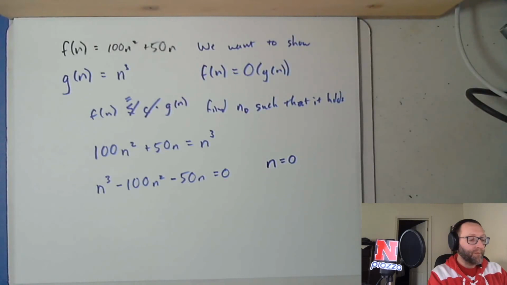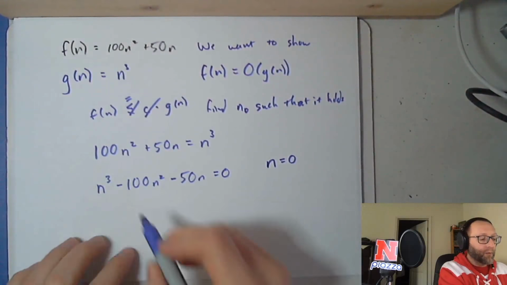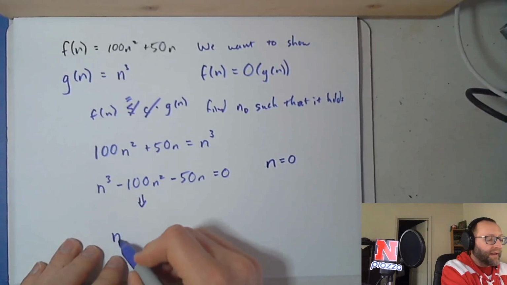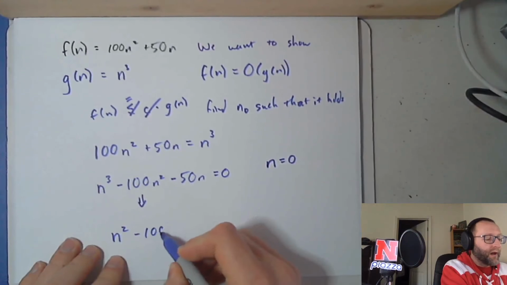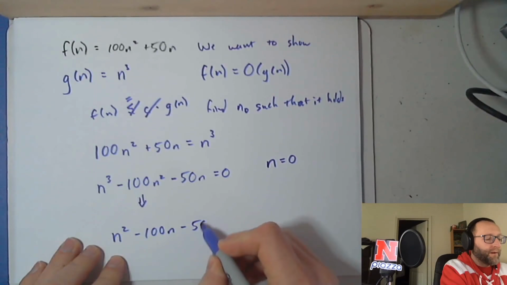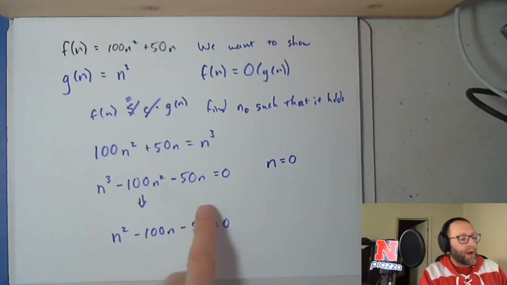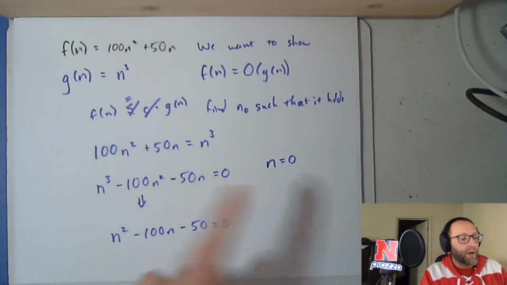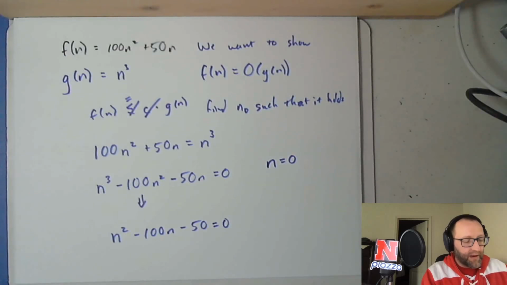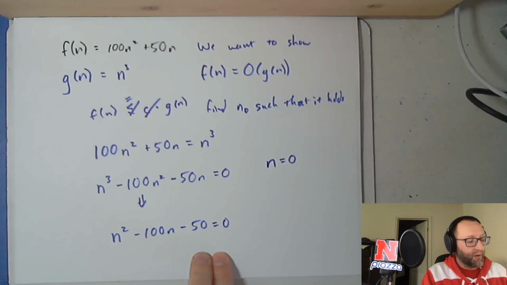Okay. So I can immediately take that root out, and what I get is n squared minus 100n minus 50 equals 0. All I was doing was factoring out an n here, and dividing by it over here and just getting rid of it. That leaves me with a quadratic polynomial.